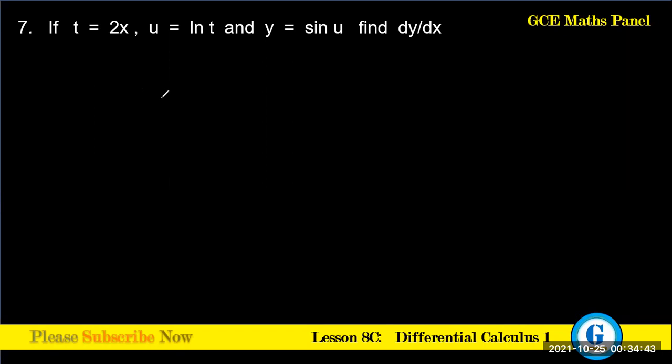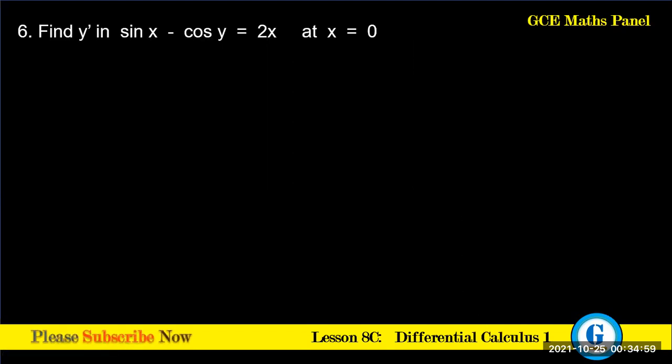Let me go back to the equation. Right, this is the equation. So we'll have cos x minus, so when we differentiate cos y, we have minus sine y. So minus minus will give us plus.